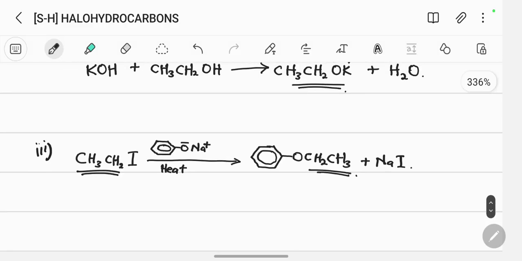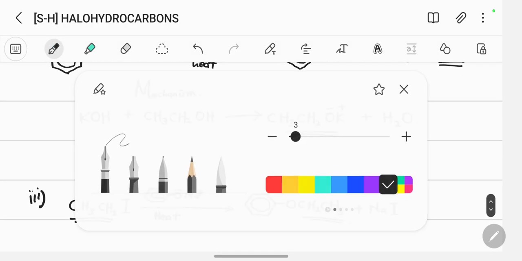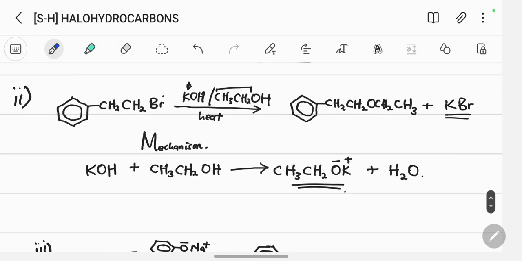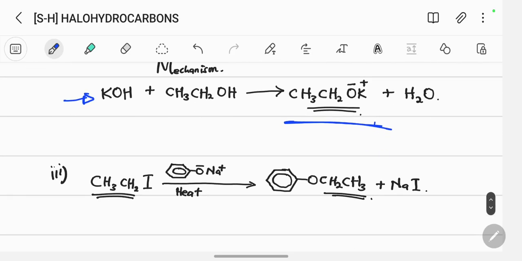So what you were struggling with in these mechanisms was forming the ethoxide ion. But today, such an ion is already prepared, sodium phenoxide. So what else do we need to do? We need to dissociate it.